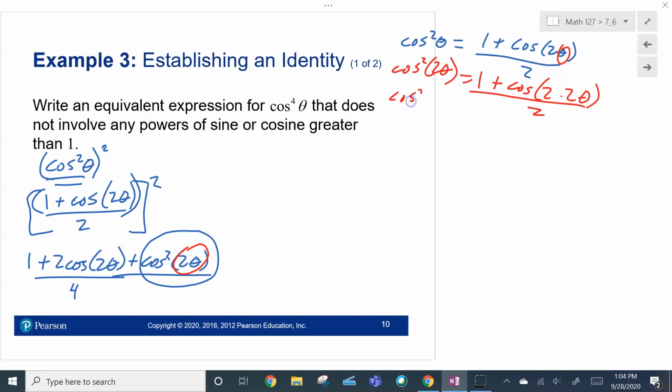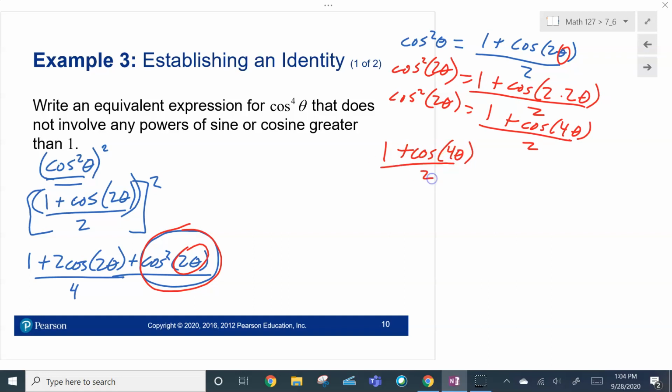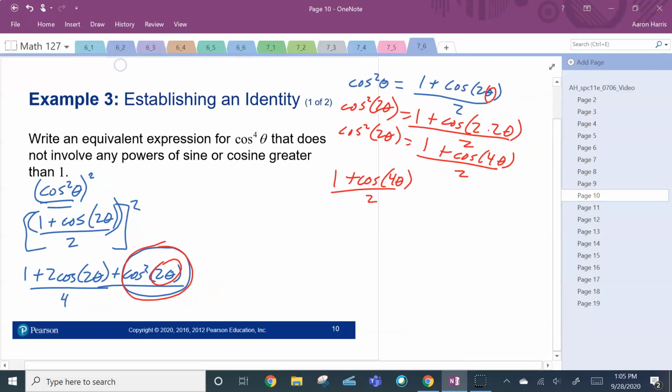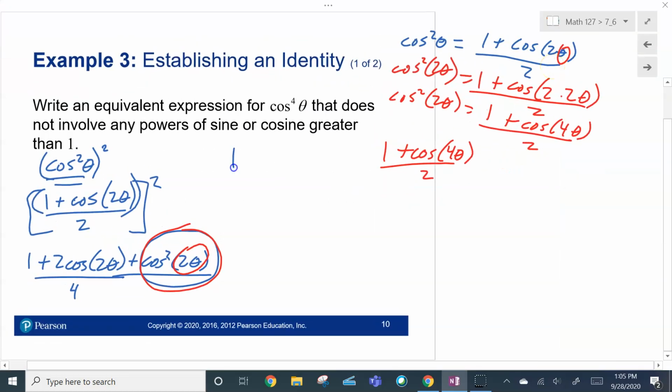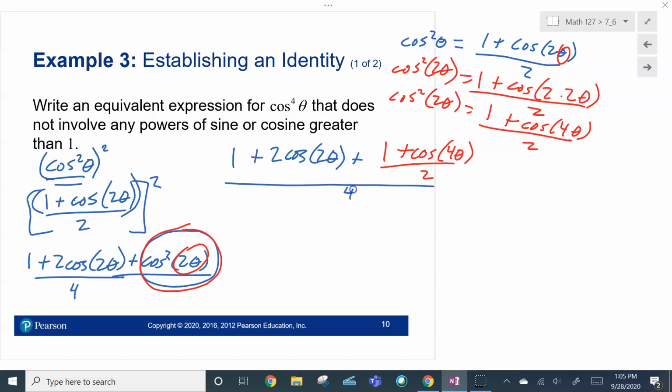So cosine squared of 2 theta using that power reducing formula is 1 plus cosine of 4 theta all over 2. That's what's going to replace this right here. And then the rest of this comes along. So we got 1 plus 2 cosine 2 theta plus that, and all of this is over 4.